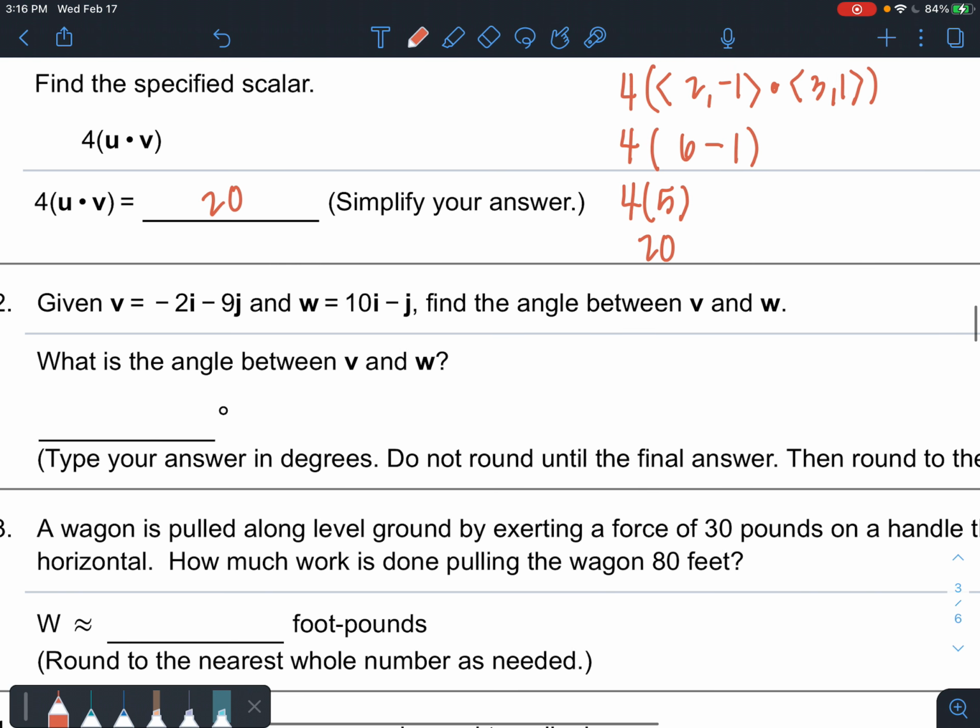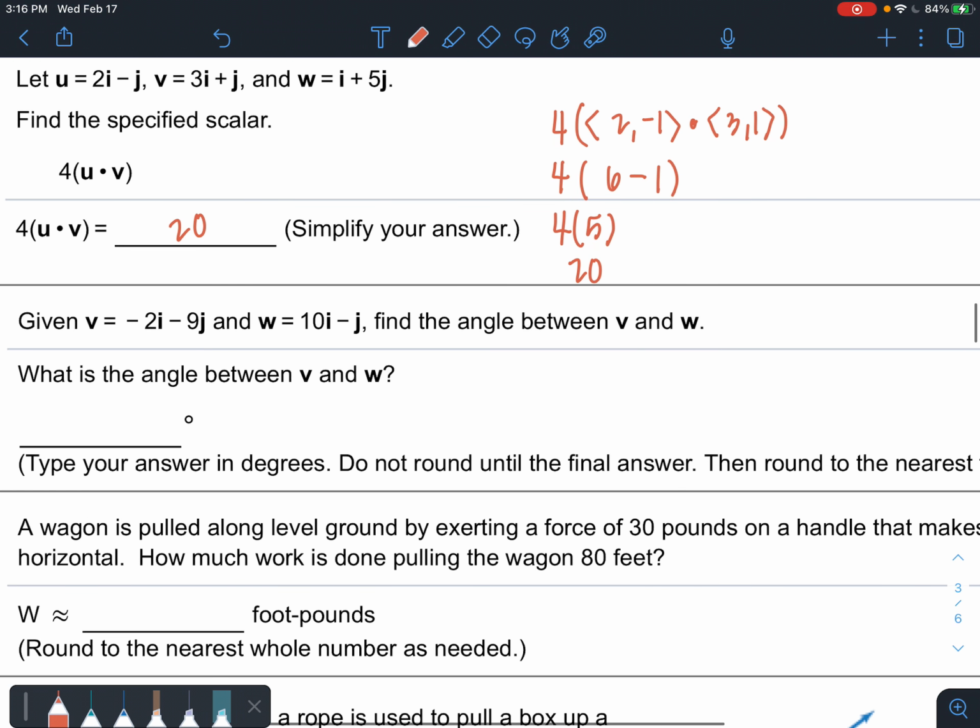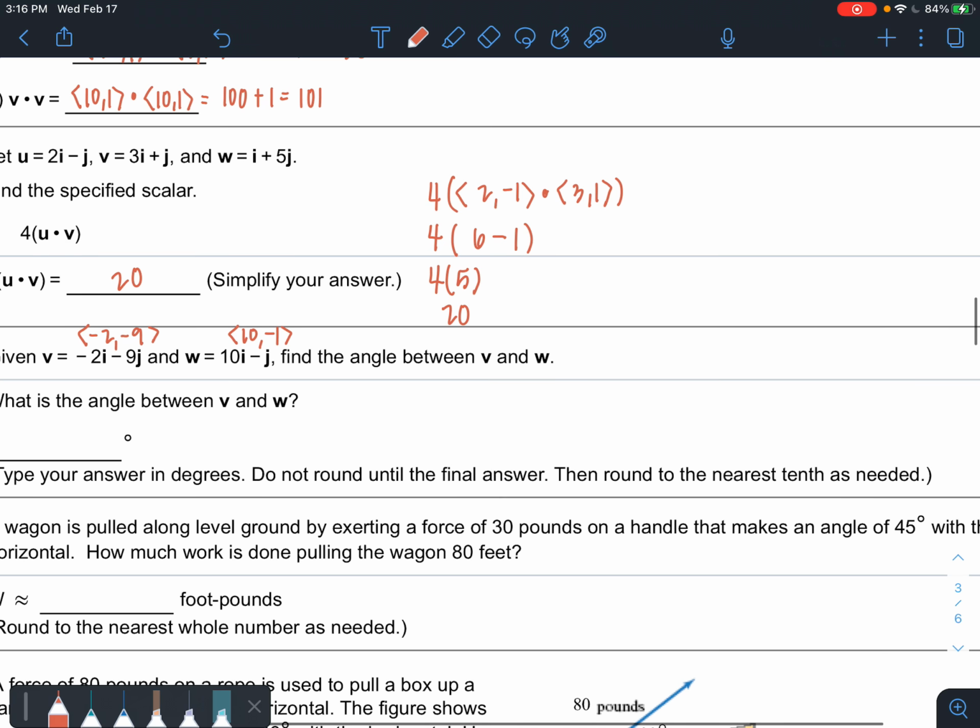All right, so it says what's the angle between v and w? I'm going to go ahead and write out v is negative 2, negative 9. And w is 10, negative 1. So the formula for that is that cosine theta equals u dot v, or in this case, v dot w over the magnitude of v times the magnitude of w.